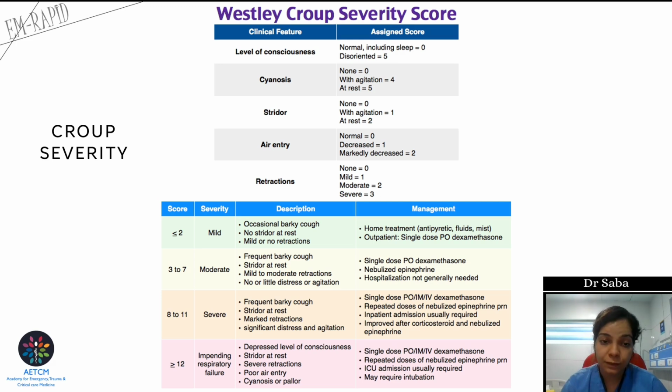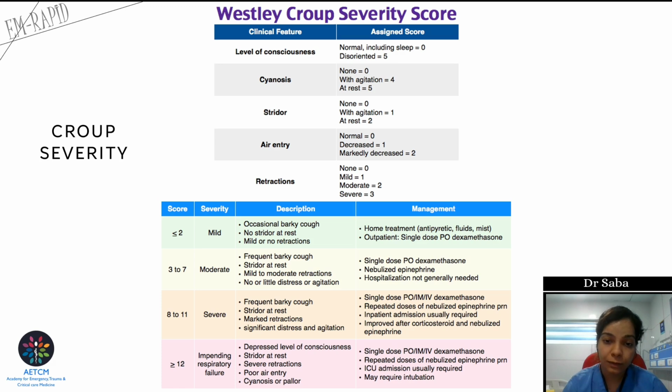But if the child has scored 3 to 7 on the severity score, then we will regard this patient as falling under the moderate category. In that case, the child will have frequent barking cough, stridor at rest, mild to moderate retractions with very little distress or agitation. In that case, we'll give a single dose of steroid, that is dexamethasone. We will try nebulized epinephrine, even though it's not really the first line management.